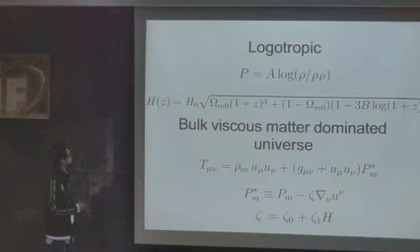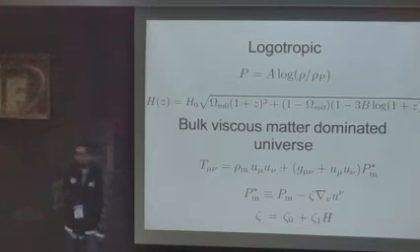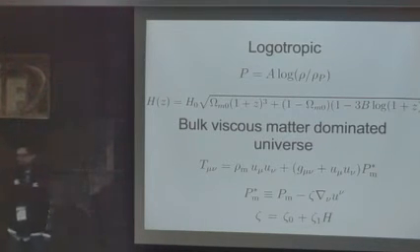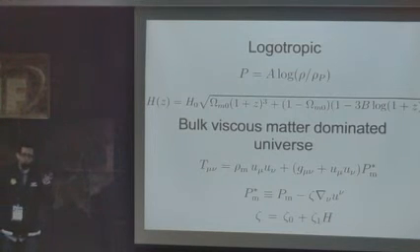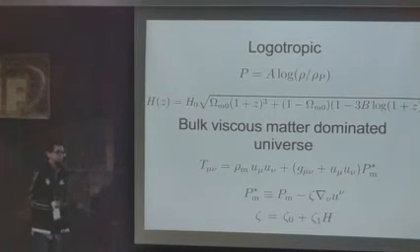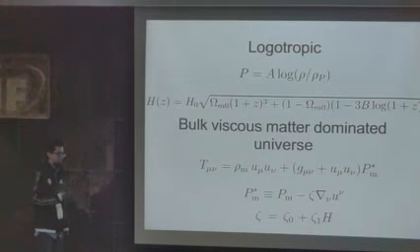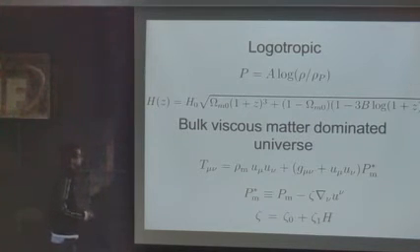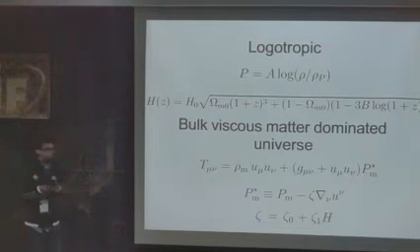So in the case of the logotropic, you will not have any coincidence problem, because you have only dark matter, and you expect that the energy densities should be of the same order. In the case of a bulk viscous matter dominated universe, it's the same idea. You imagine that the only dark component of the universe is dark matter, and this dark matter has some viscosity.